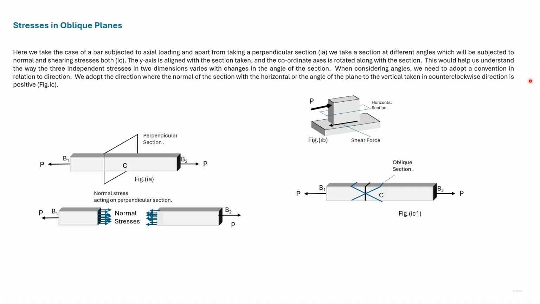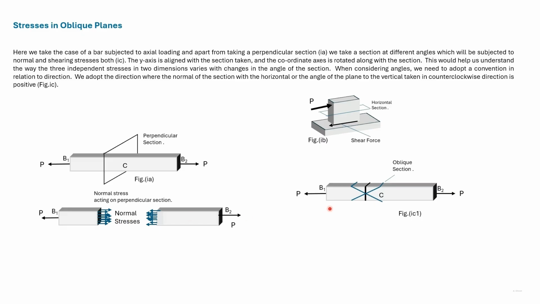We'll now consider oblique planes in a bar subjected to a tensile force, and we'll see that these oblique planes are subjected to both normal and shear stresses. Here we found out the normal stress to be P divided by the area.